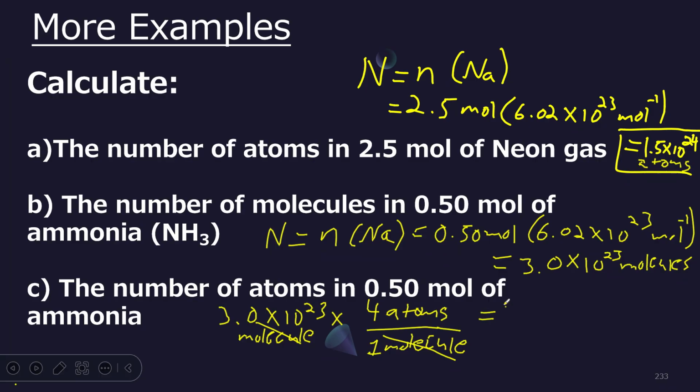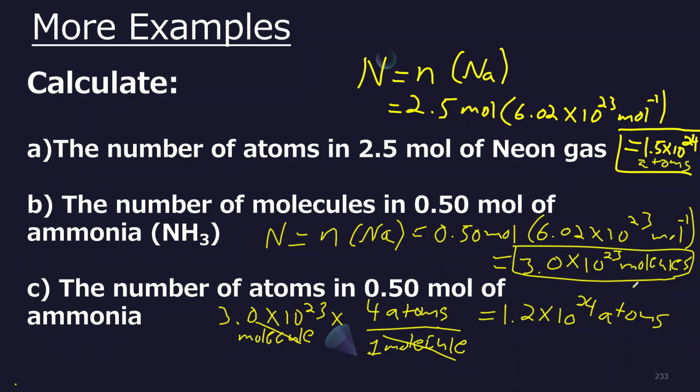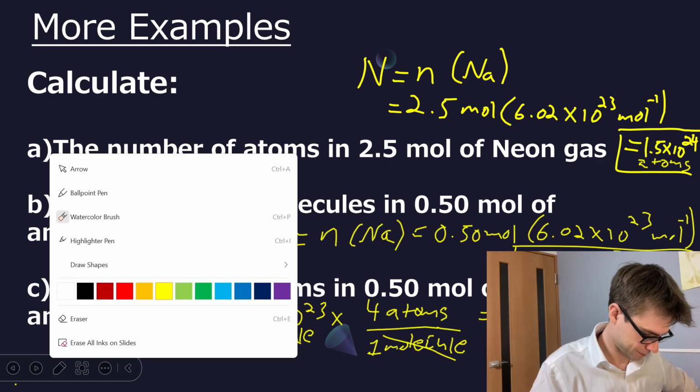And this is about 1.2 times 10 to the 24 atoms. All right, so you're often going to have to check the ratio between multiple different chemical formulas or atoms within a formula. Let's move on.